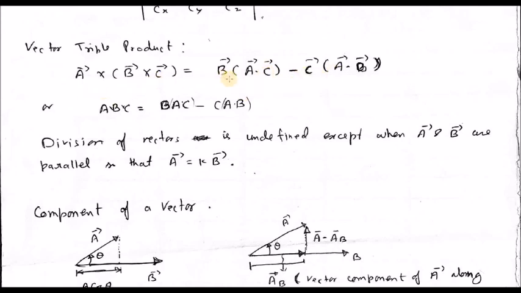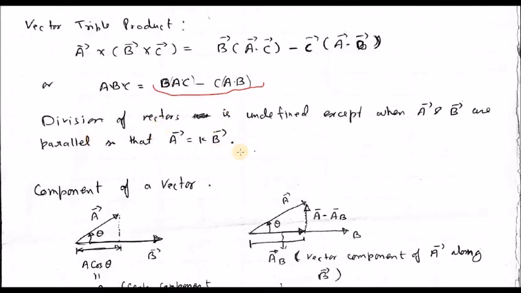So a cross (b cross c) is b times (a dot c) minus c times (a dot b). Here a, b and c are all vectors, so this is vector b times a dot c minus vector c times a dot b. To remember this formula, you can remember the BAC minus CAB rule.